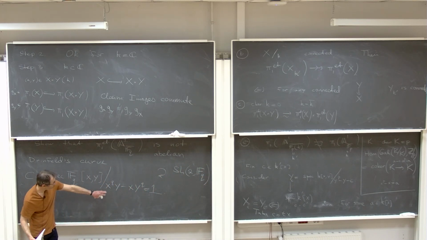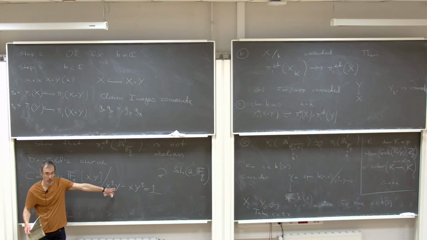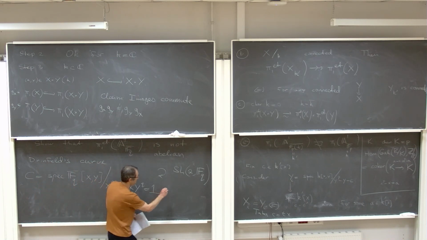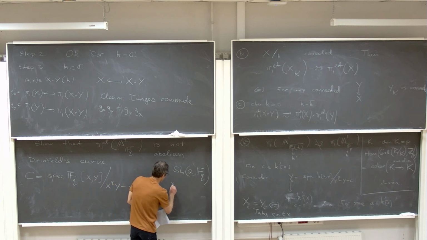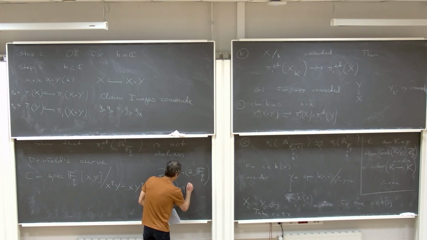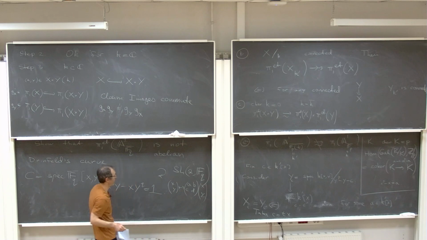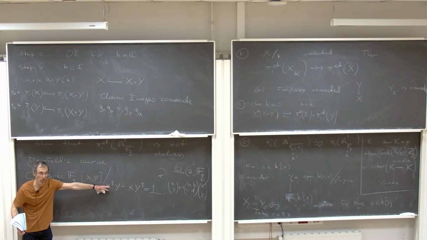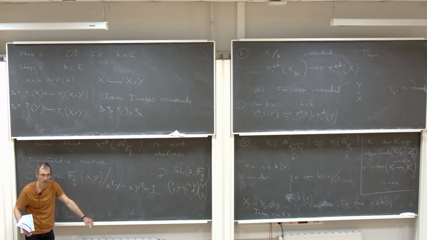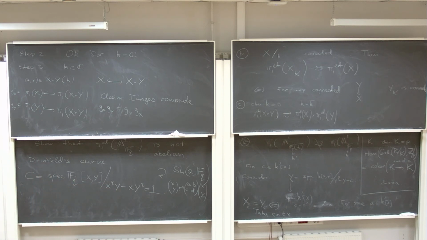The action is given by the linear transformation. If you have a matrix a, b, c, d, then x, y goes to a, b, c, d times x, y. And it's an easy computation that this equation is preserved under the action. Still, it requires a computation. I will not do it on the blackboard.